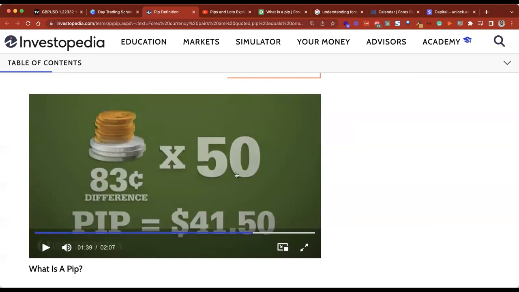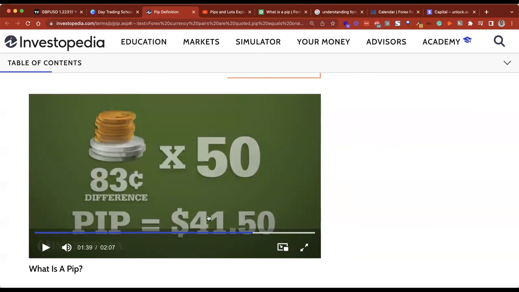However, you can leverage your position by working with a Forex broker, and they'll give you pretty much a loan. We'll be talking about this a lot later on. They'll give you a loan to maximize your position times 50. So for every pip move, you actually get that times 50.